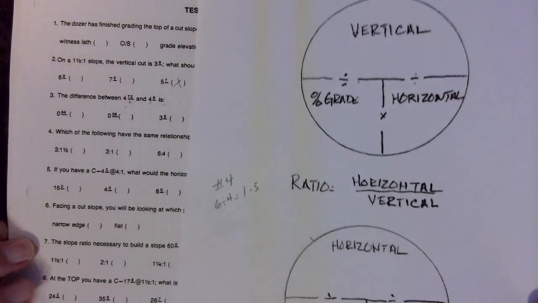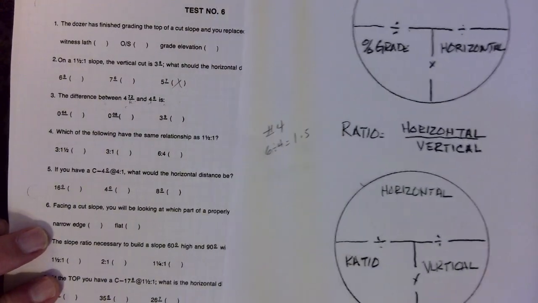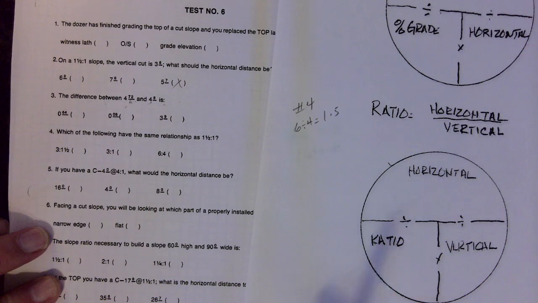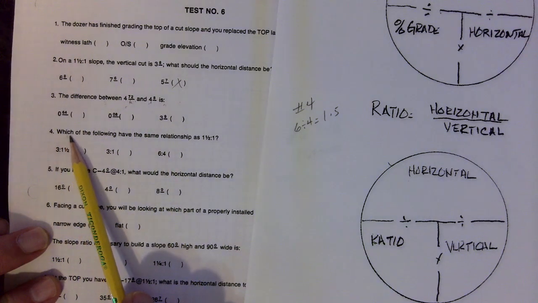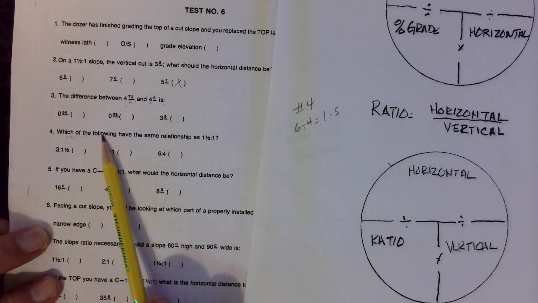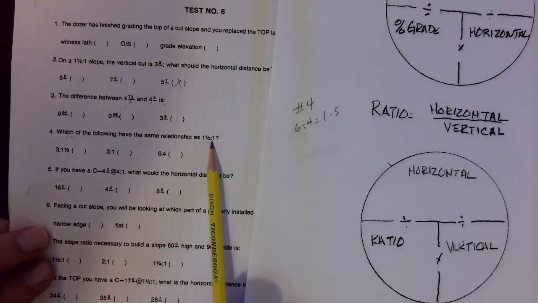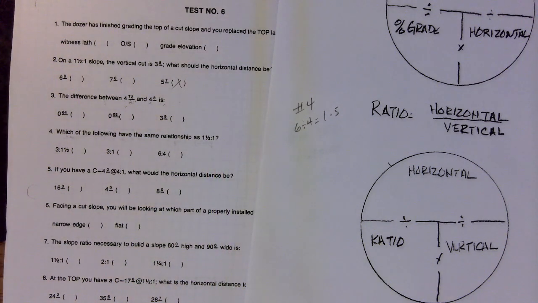Here we are at number 4, and I'll try to read the question and jot down some things. Number 4, which of the following have the same relationship as 1.5 to 1? Now, a ratio is a ratio is a ratio. 1.5 to 1 could be expressed in many different ways.